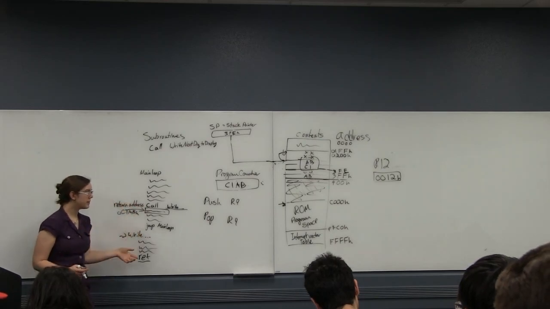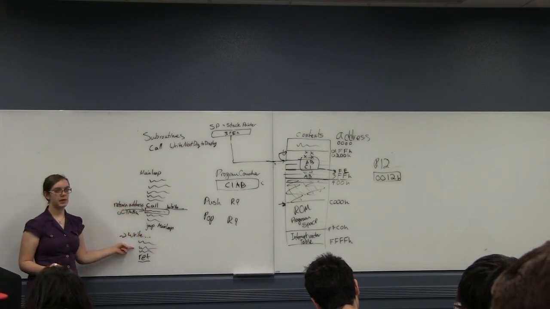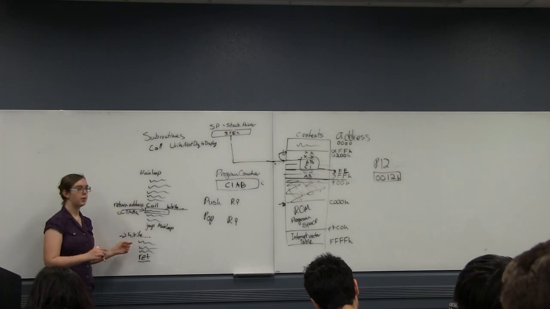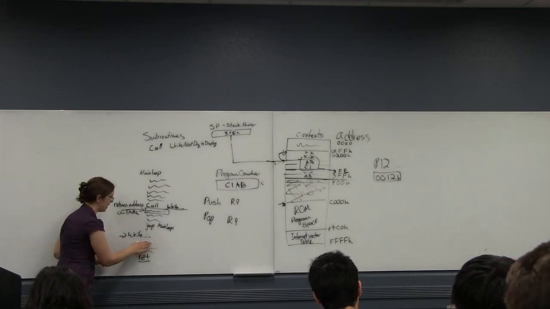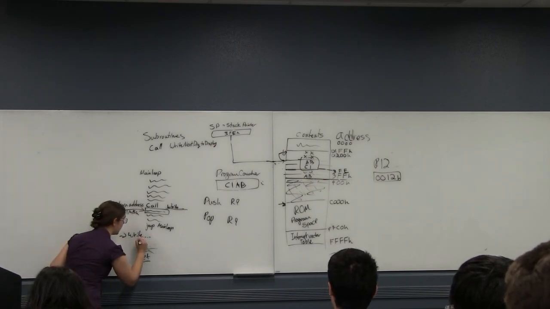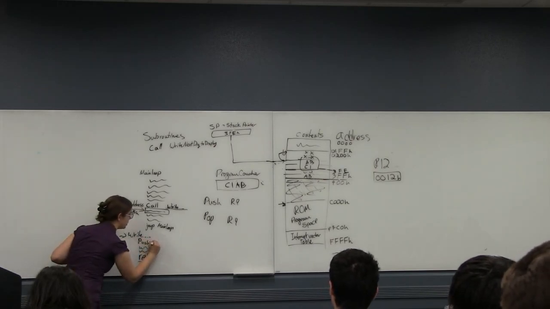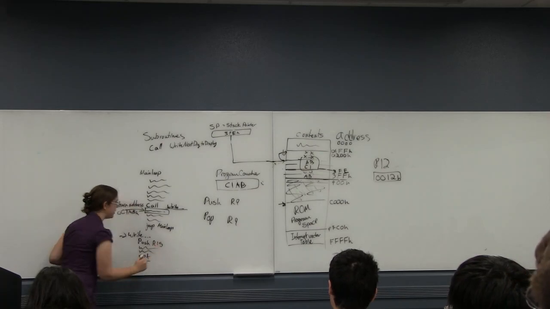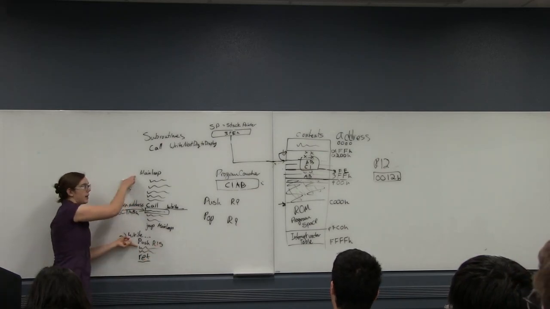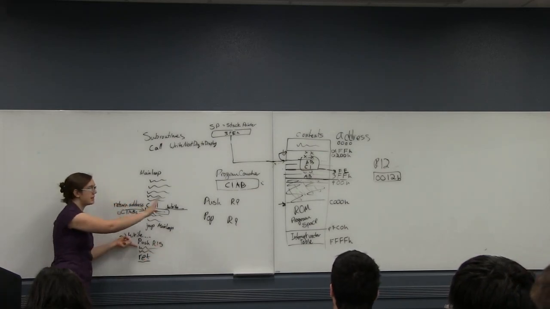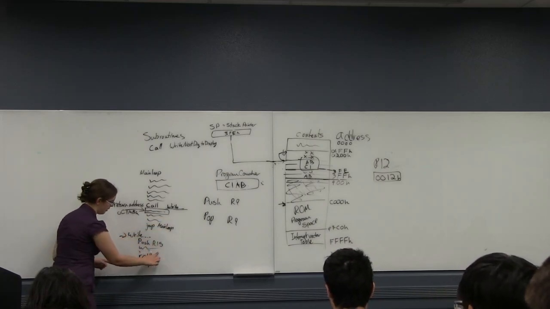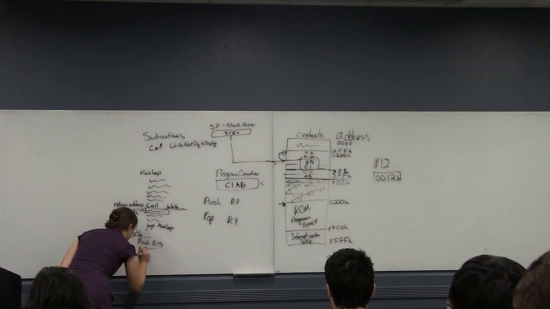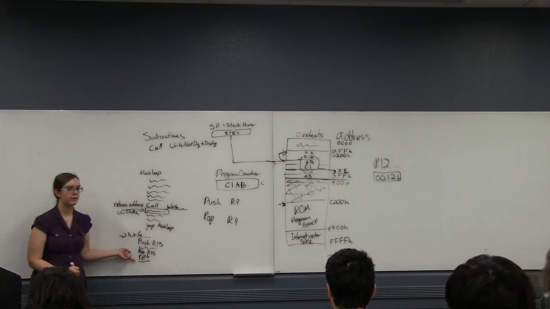So when you use a register in a subroutine, it's good practice to push it onto the stack first. The first instruction here would be push R15, so that whatever you were doing up here that used R15 can be saved. And after you're done with your instructions, you need to remember to pop R15 before you return.